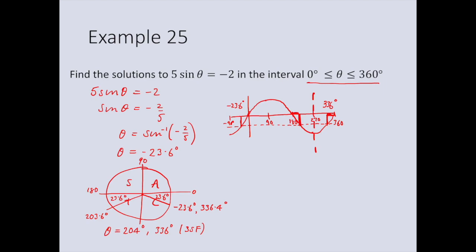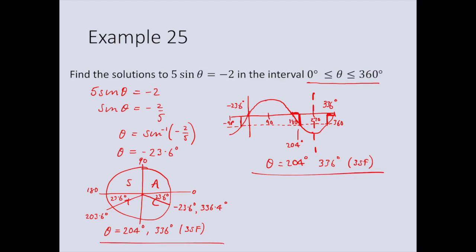Same gap there. So we're adding 23.6 to 180 degrees. So this value is going to be our 204 degrees, isn't it? So again, using the graph, you could get to the same conclusion, that theta equals 204 degrees or 336 degrees when you round to 3 significant figures.